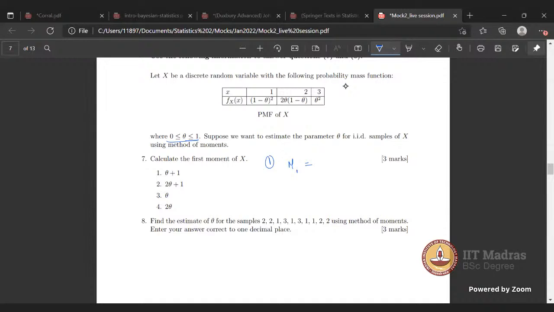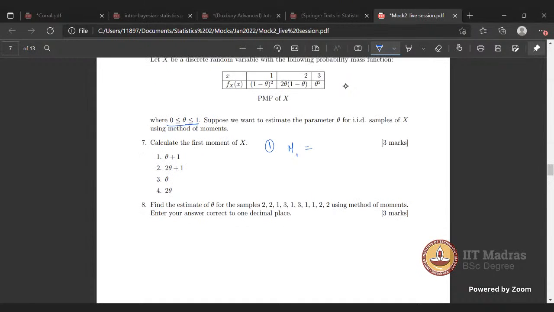How do you find the expectation? We have x taking the values 1, 2, and 3. The probability of 1 is (1 minus theta) squared. The probability that x takes the value 2 is 2 theta times (1 minus theta), and the probability that x takes the value 3 is theta squared.